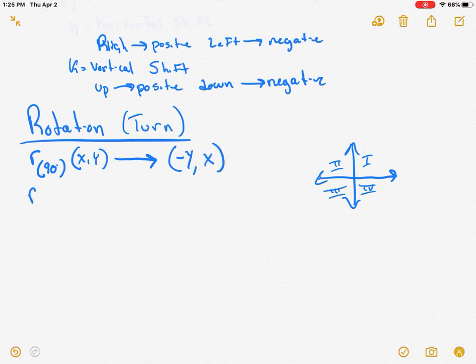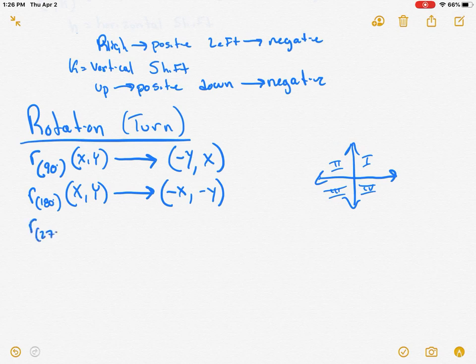Okay? If we rotate 180 degrees, we have our original x, our original y. The rotation occurs. Our new x is opposite our original x, and our new y is opposite our original y. If we rotate 270 degrees, we have our original x, our original y.